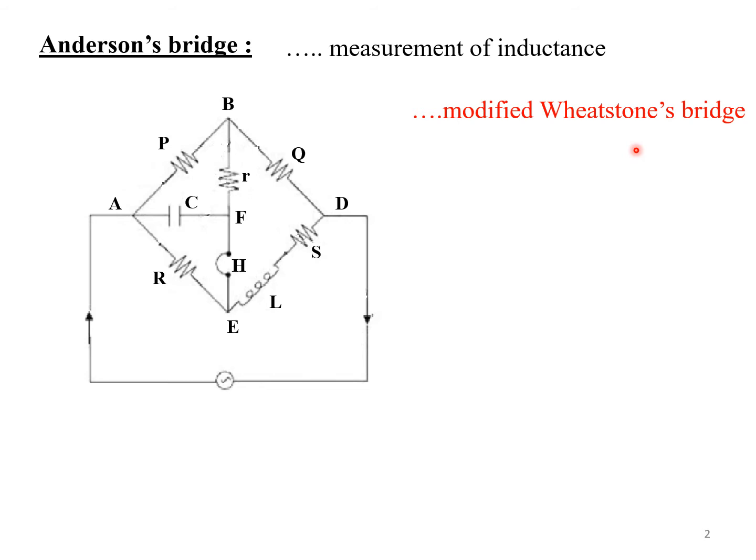The simplest Wheatstone's bridge consists of only 4 components, in particular the resistors P, Q, R and S. Whereas in this particular case, the Anderson's bridge, it is said to be modified because we have so many other components that are added to this.